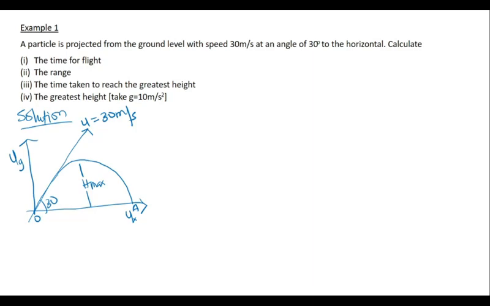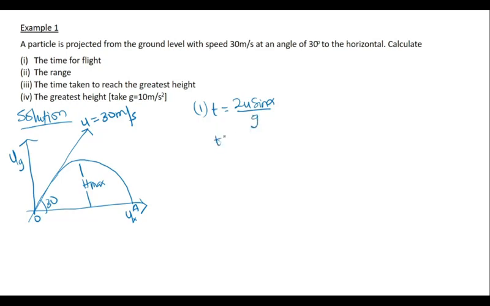So I, the time of flight. Now we know the time of flight from the deductions we made earlier is t equal to 2u sine alpha divided by the gravity.